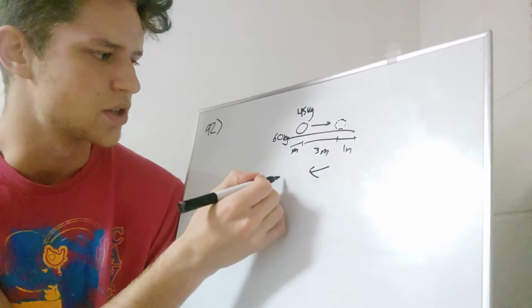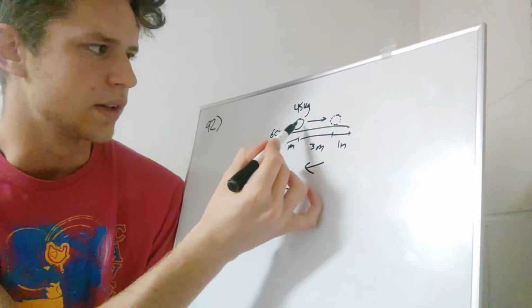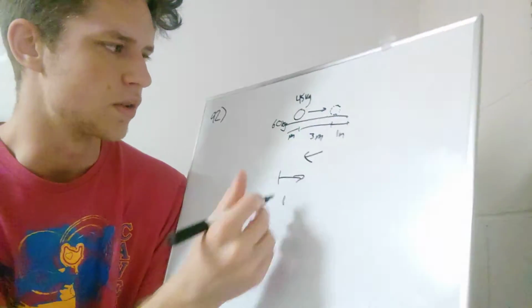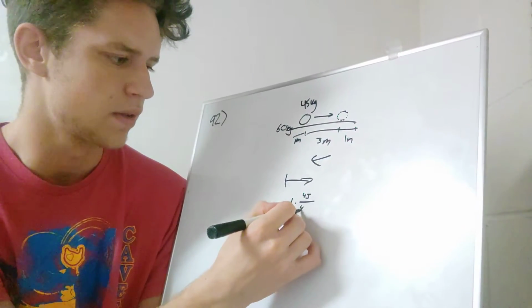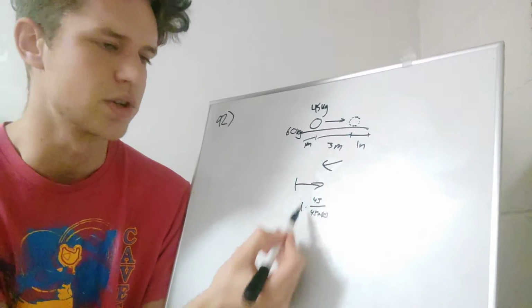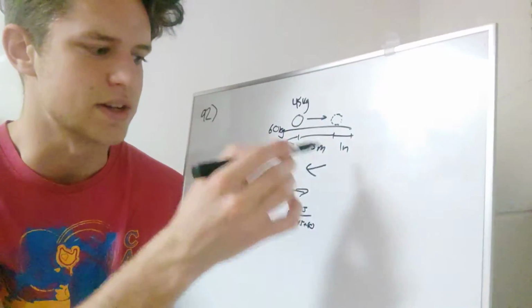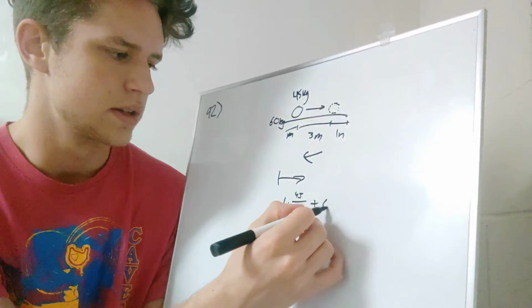So I did it from the edge here, and then working my way over. So the lady is 1 meter over times 45 over 45 plus 60. And that will give you the percentage of the entire system that she makes up. And then you add in the boat, which is 60.